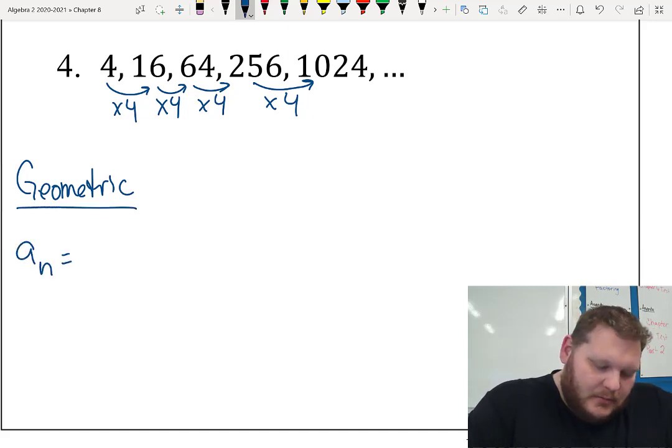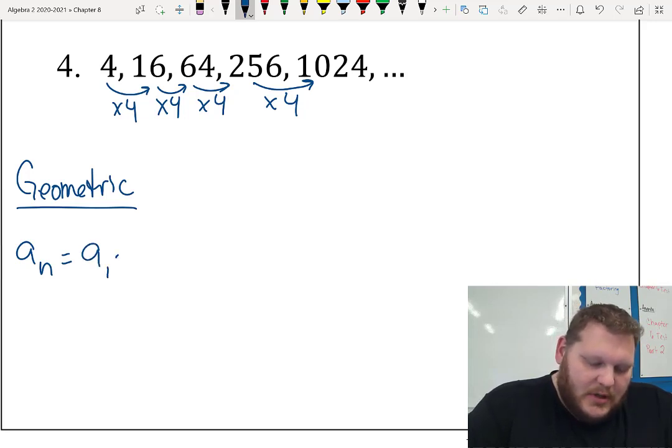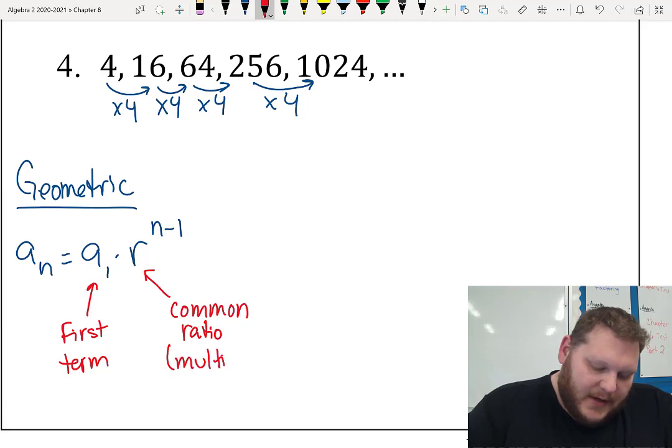That equation is a sub n equals a sub 1 times r to the n minus 1 power, where a sub 1 is my first term, and then r is your common ratio, which, again, we always identify as that multiplier.